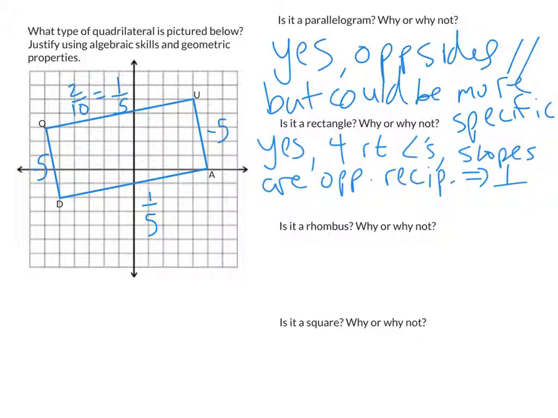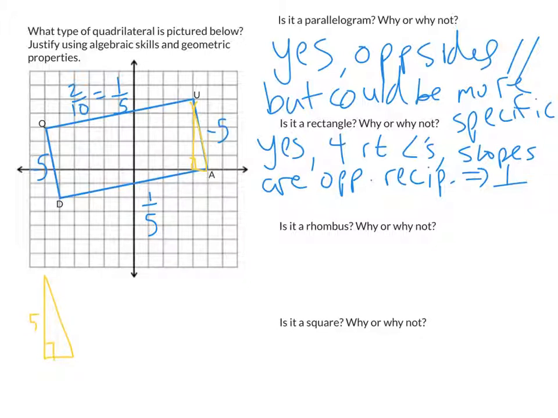Okay. Is it a rhombus? Why or why not? Well, a rhombus needs 4 congruent sides. If I were to do the distance formula or a quick Pythagorean check, if I go down 5 and over 1, 5 squared plus 1 squared, what's that going to give me? If you guys ever noticed that, you may have. If I create a right triangle here, I'm finding my hypotenuse of that right triangle.